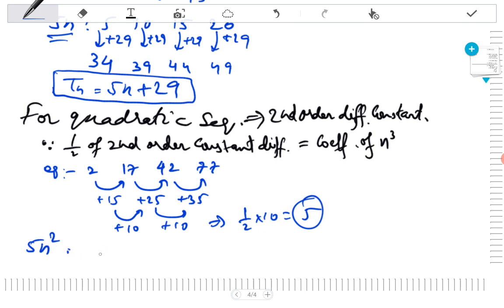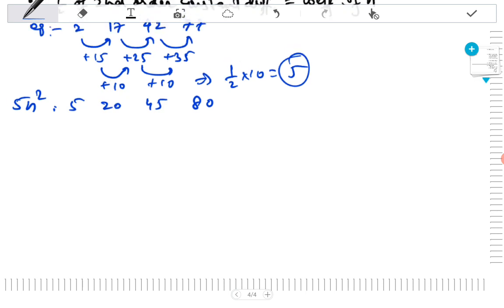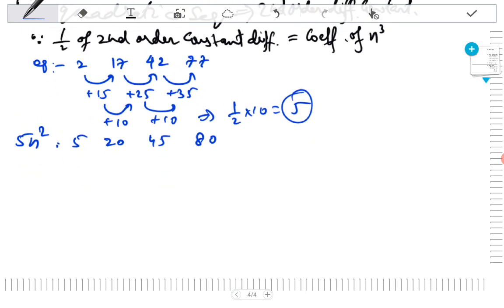With different values of n, you can put n as 1, so it's 5. n as 2, so it becomes 2 squared is 4, 4 times 5 is 20. Then 3 squared is 9, 9 times 5 is 45. Try 4 squared is 16, 16 times 5 is 80, and then compare it with your original sequence.